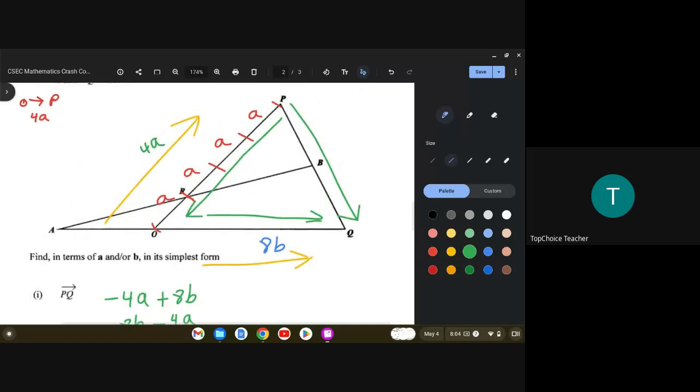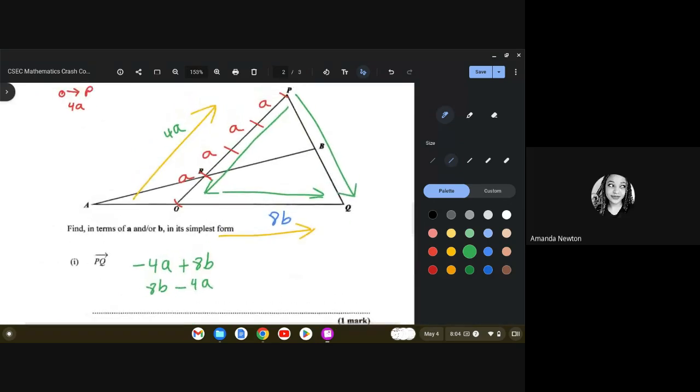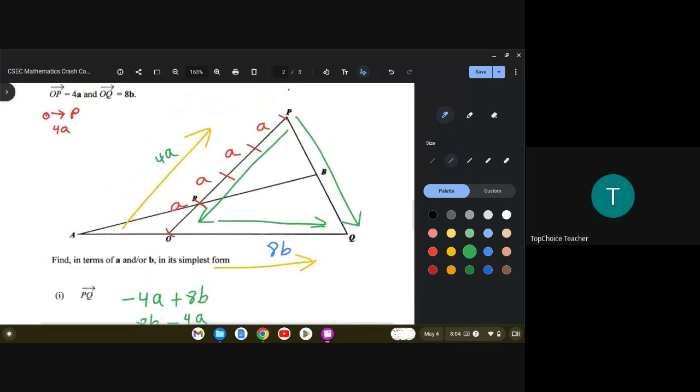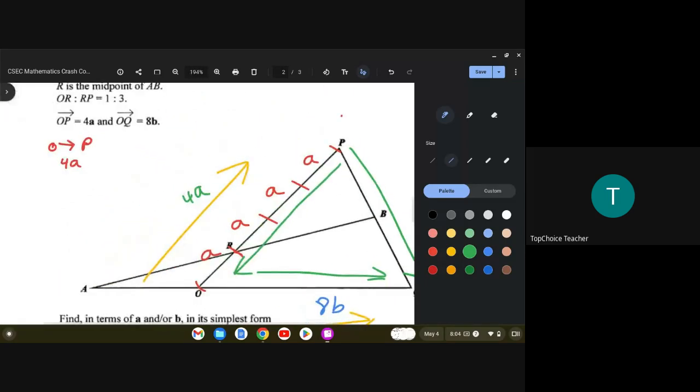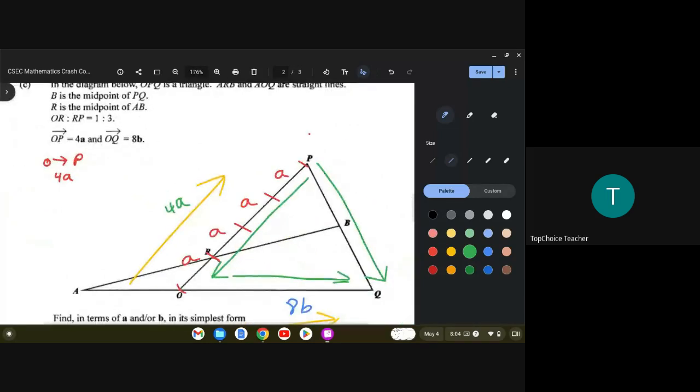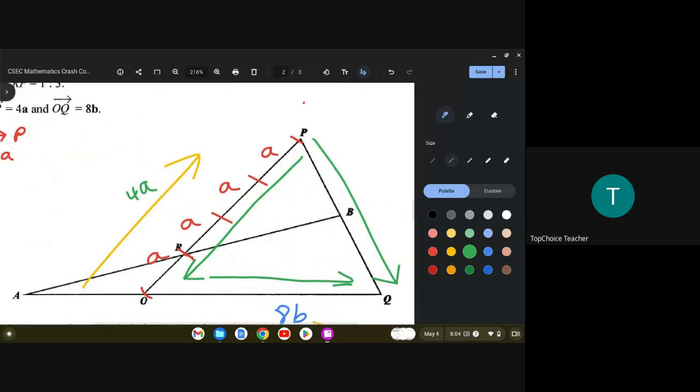If you are finding pathways, and if you go in the opposite direction of the vector, you change the sign. Now, that 1 to 3 ratio we saw there is going to come back into play for the next part we're going to do.